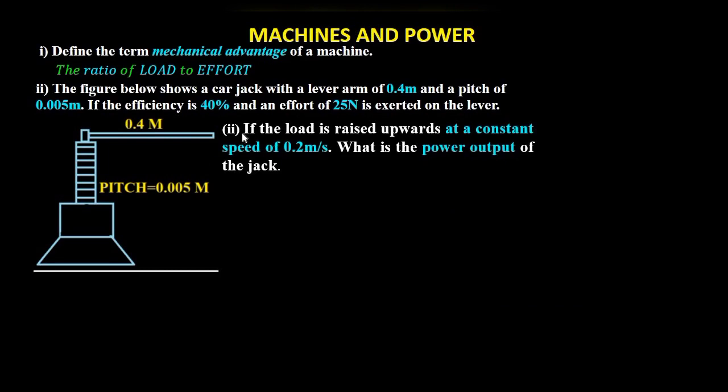For Roman 2, we are told if the load is raised upwards at a constant speed of 0.2 meters per second, what is the power output of the jack? Okay, so power input is given as effort force times the distance over time. And from this equation here, we can see that distance over time, or rather displacement over time, is equivalent to velocity, and therefore we can rewrite this equation as power input is equal to effort force times velocity.